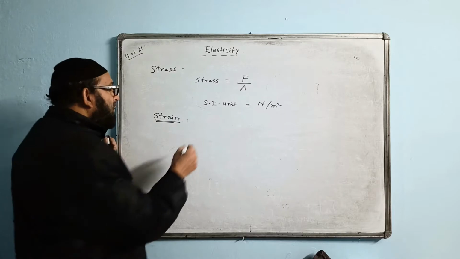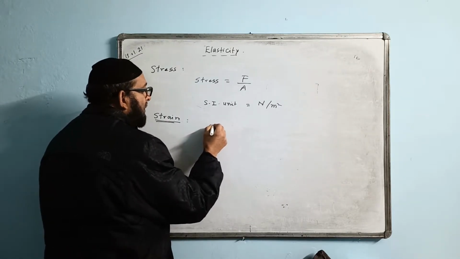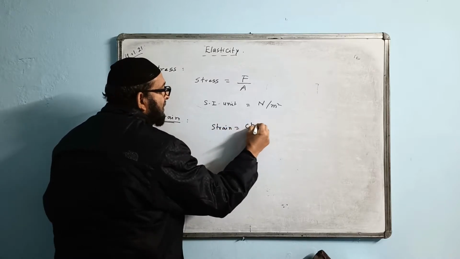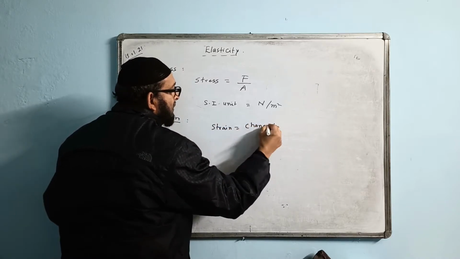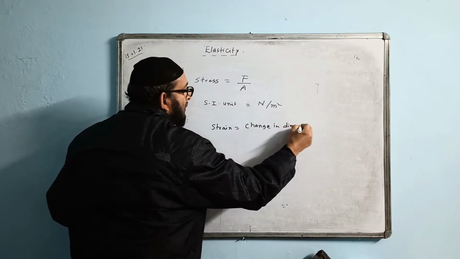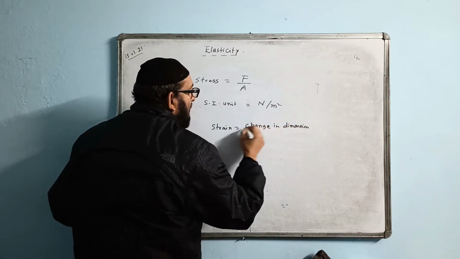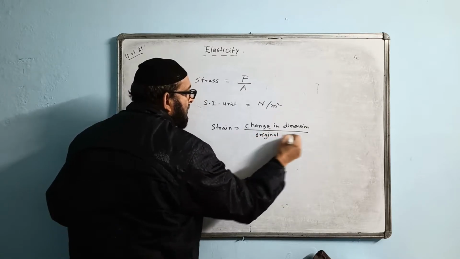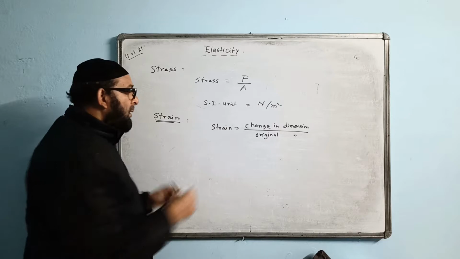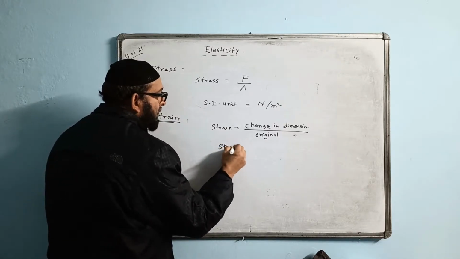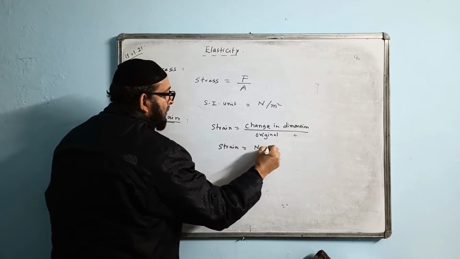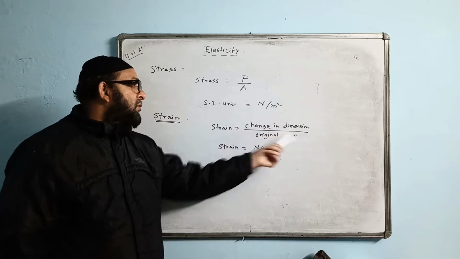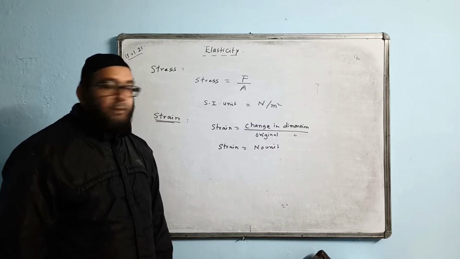We write strain is equal to change in dimension upon original dimension. That is called strain. So strain has no unit, because it is the ratio of similar quantities, dimension, here also dimension. So it has no unit.